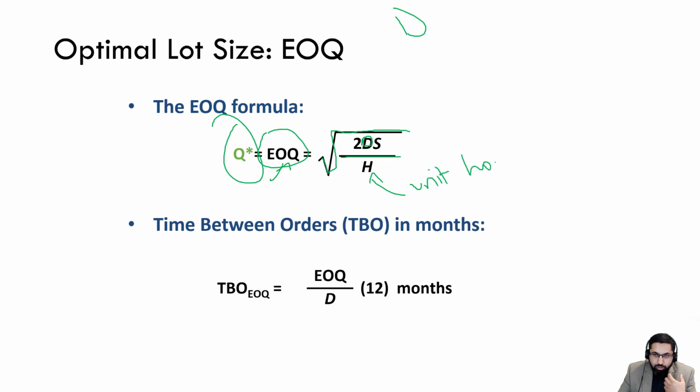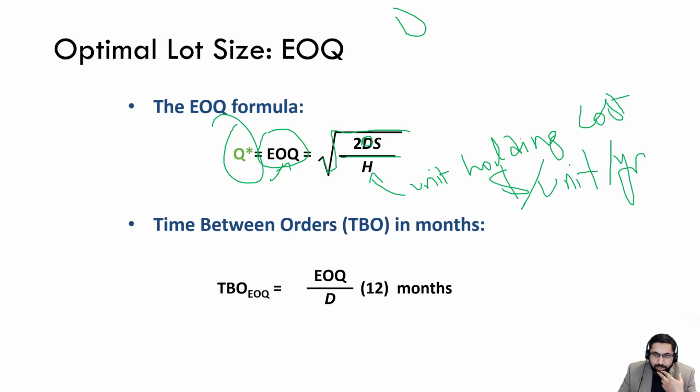Capital H is the unit holding cost, and its units are dollars per unit per year. How much money you need to spend to have 1 unit of the item in inventory for a whole year. That's capital H. So you can solve and get Q star, the optimal order quantity, which is also called EOQ.